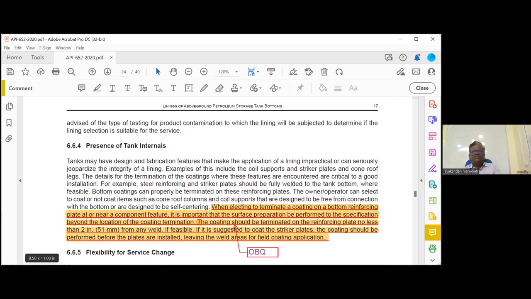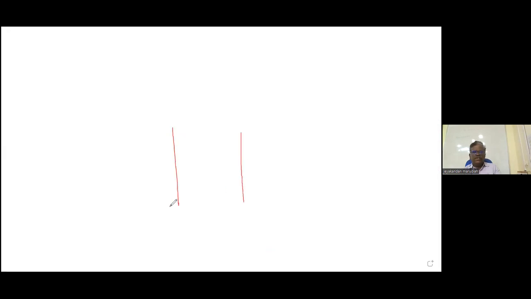So for example, this is your bottom, and when you are applying the bottom lining, you apply the complete bottom lining and then terminate it here, at least 2 inches up the shell. It will not stop at the bottom. Vertically we have to cover at least 2 inches away from any weld.